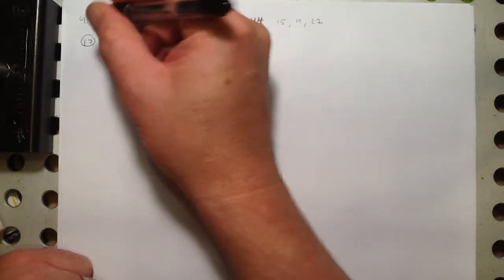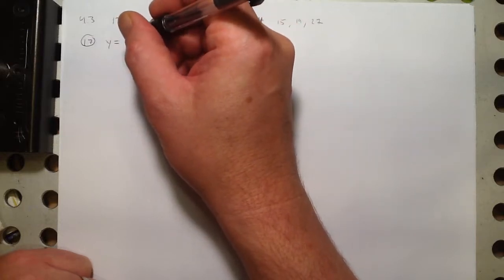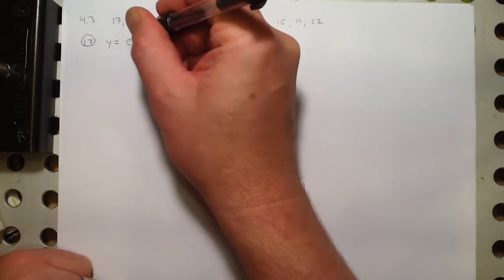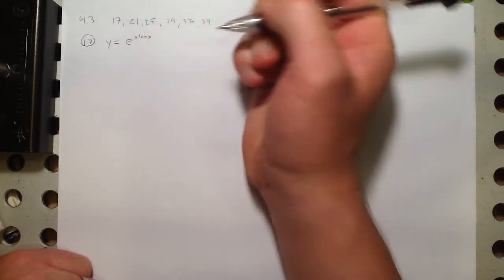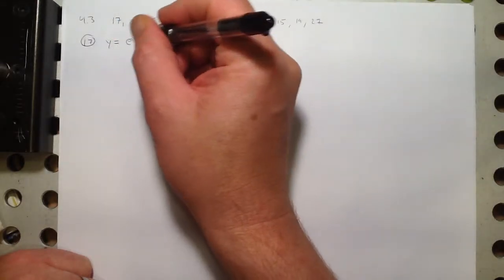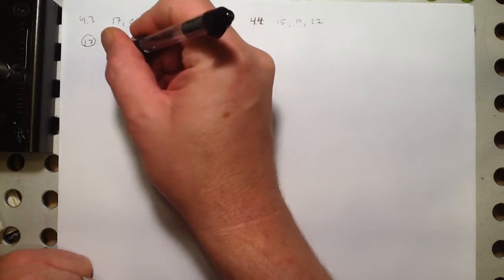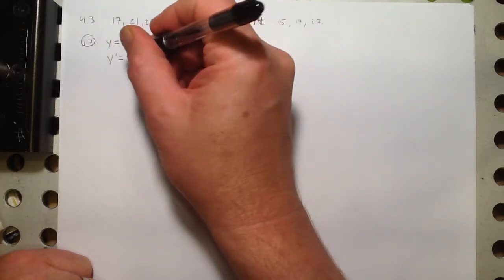Number 17 from section 4.3. We are taking the derivative of y equals e to the x tangent x. So the derivative of e to the whatever is e to the whatever.